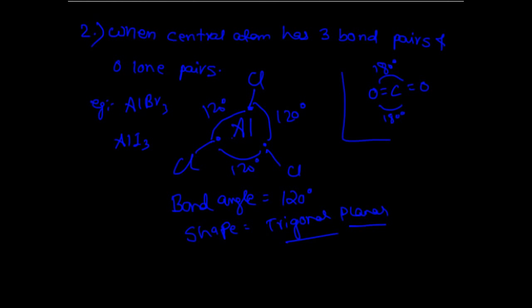Because in AlBr3, Br replaces Cl because they are in the same group, and I replaces Cl because they are in the same group. So the examples can be found using the group, because an element is substituted by another element of the same group. Hence we must know the pattern and we must deduce what the other examples of this are.